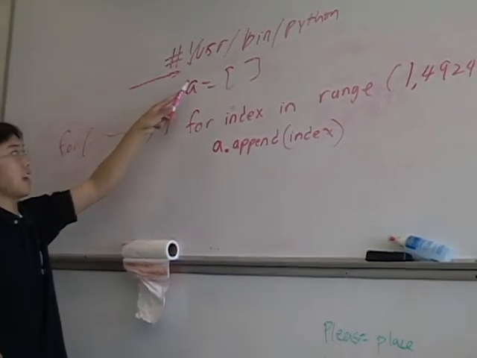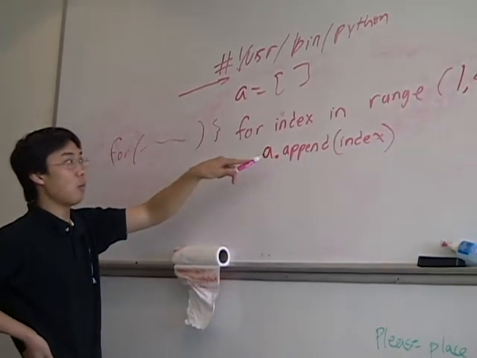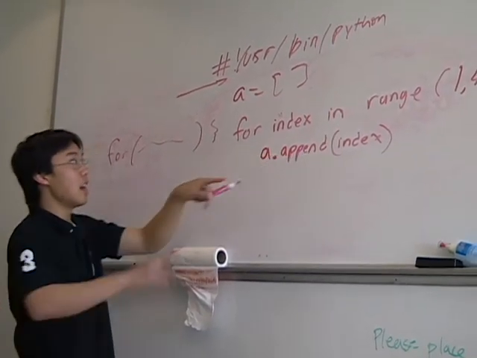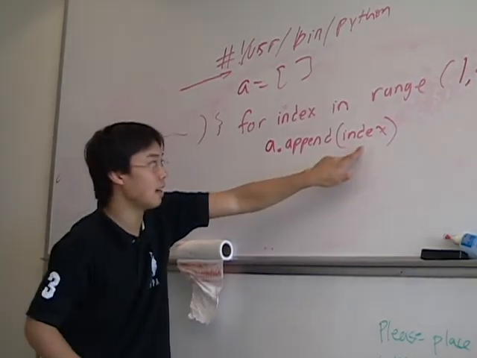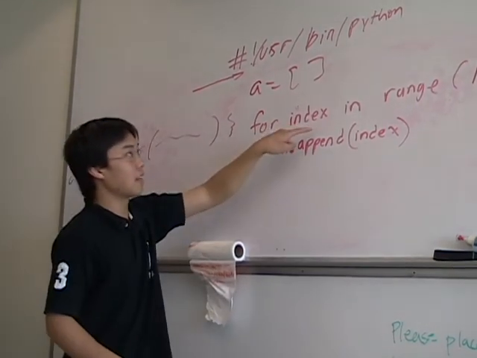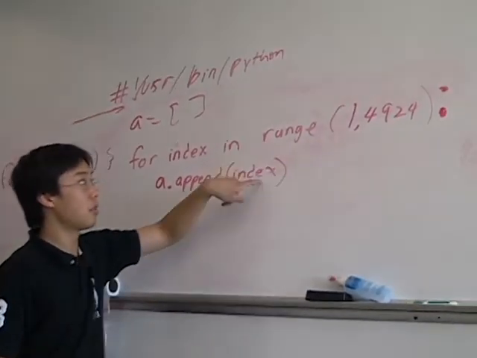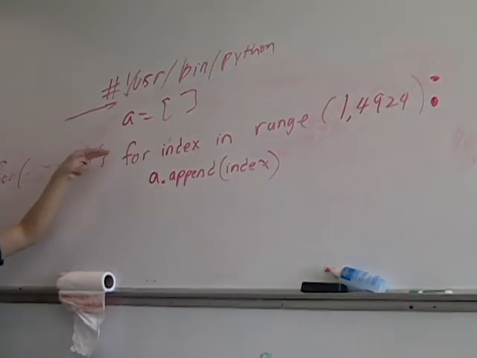So if you initialize A as a list, it can use the append function. And what append does is it's going to get the number from the index and put it into the list. So it's going to add 1, 2, 3, 4, etc. So it's just going to keep iterating.